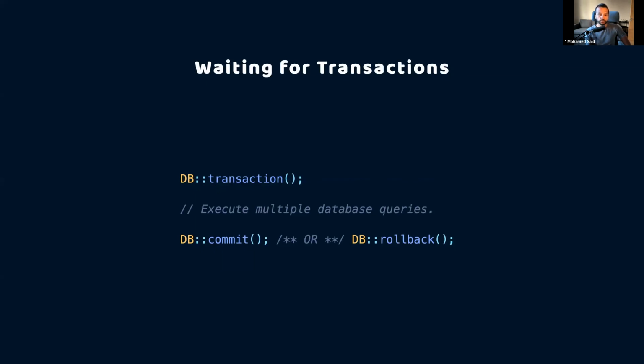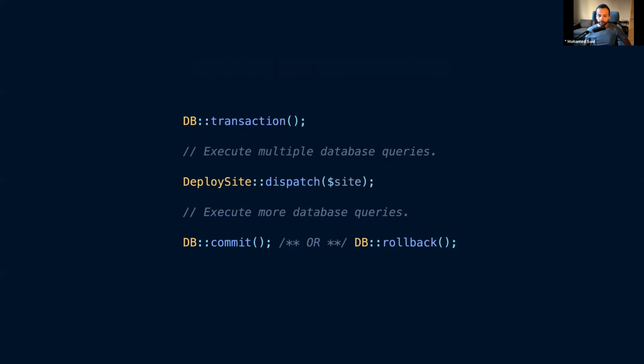But if everything went smoothly, you commit the transaction, so all the queries will be executed and the database will be affected. A problem happens when you dispatch a job while a database transaction is open. When this happens, the job will be dispatched to the queue before the database transaction commits.